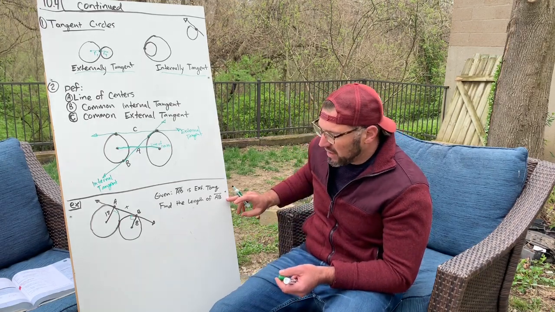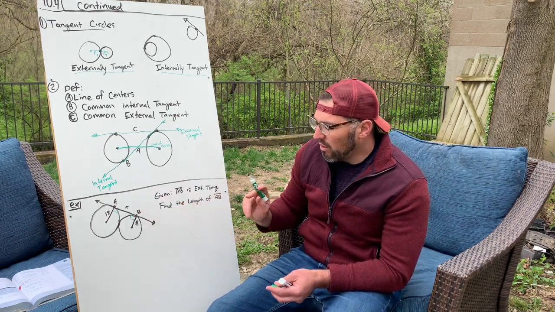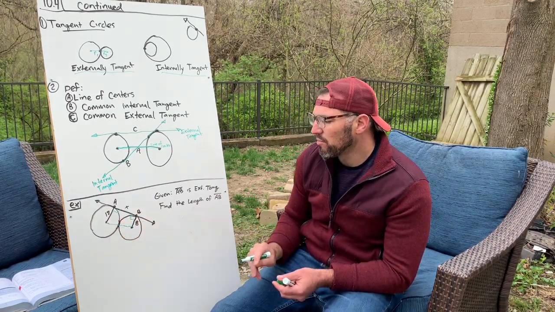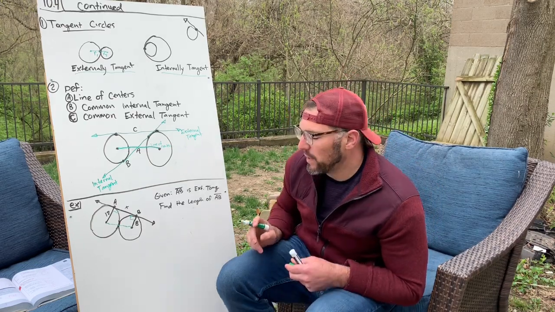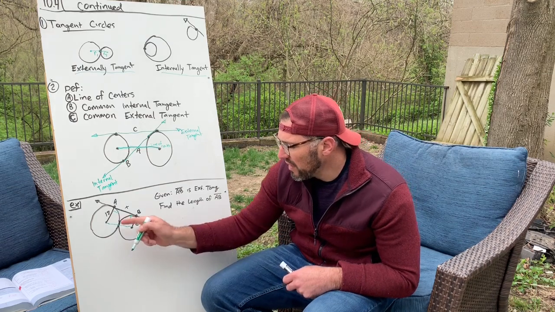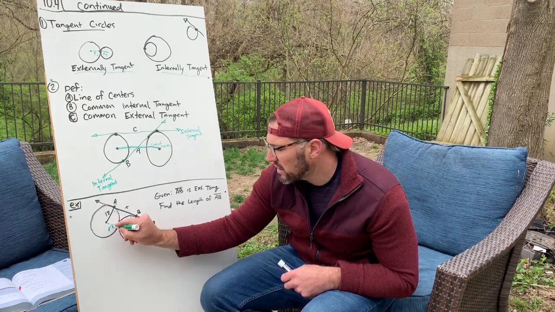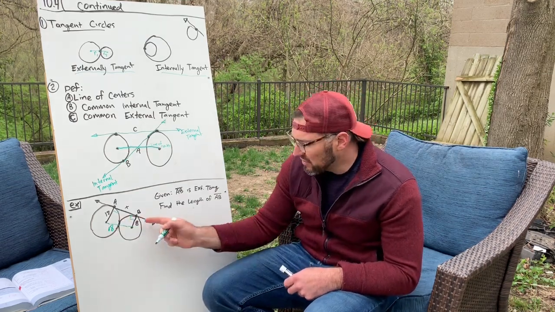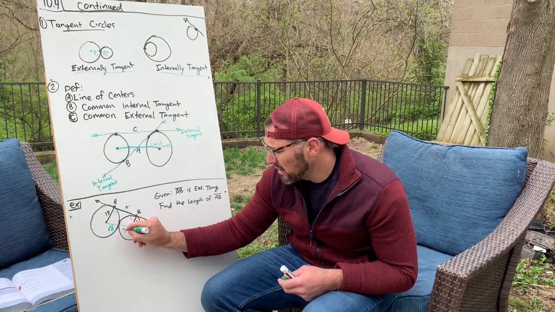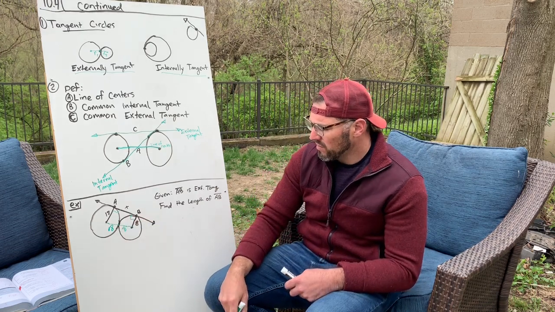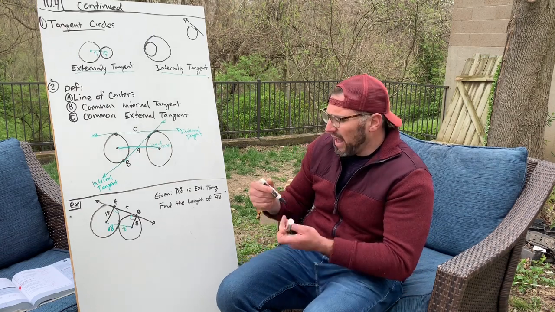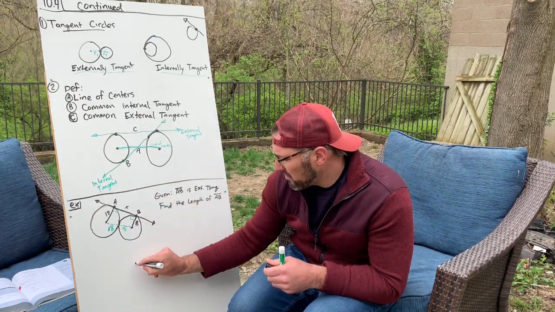If we need to find the length of AB, what will help you is if you draw a line of centers. The reason why that helps is because you know that if this radius is 18, then this little piece will be 18 as well. And if this radius is 8, this little piece, a radius of the other circle, will be 8 as well. I don't know if it's going to help for me to draw this for you.